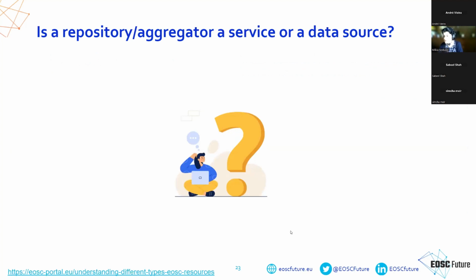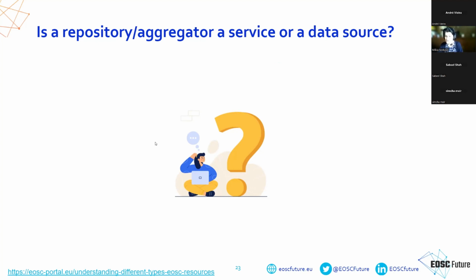So there is a question, and we are usually asked this question: what is a service and what is a data source? And for you, this important question is whether a repository or an aggregator is a service or a data source. Basically, the first part of the onboarding procedure is the same. So what I've shown, this is the same. The other part is not the same, what you will hear later.